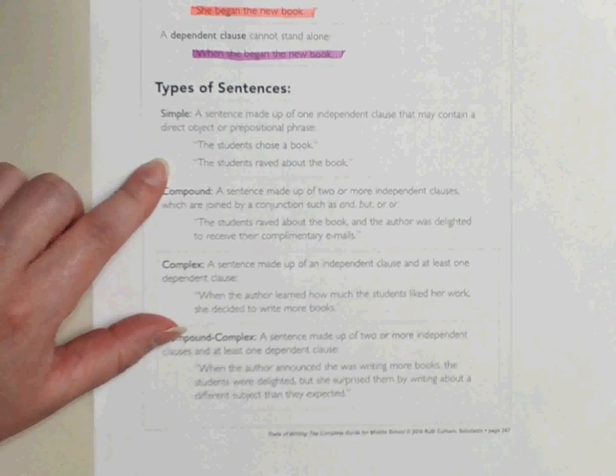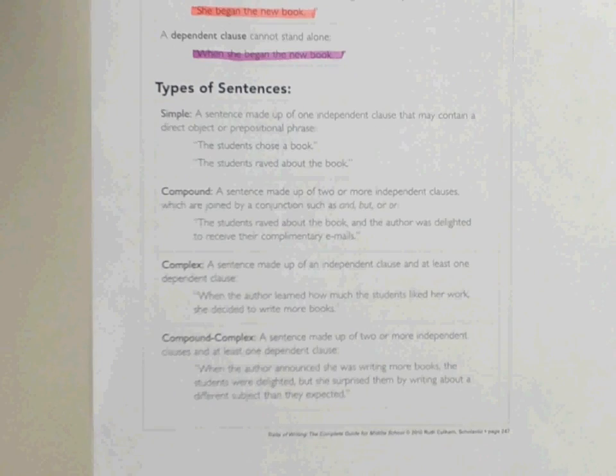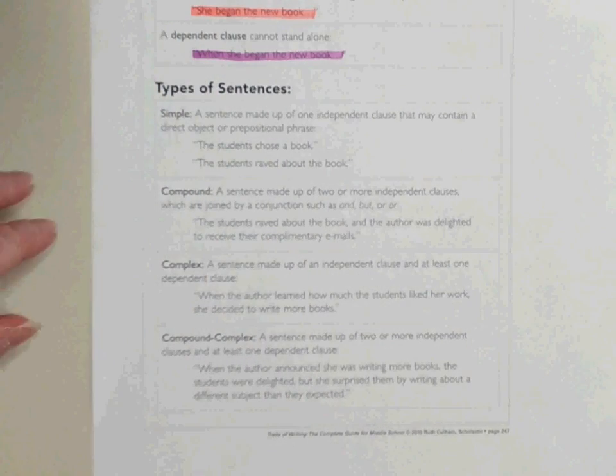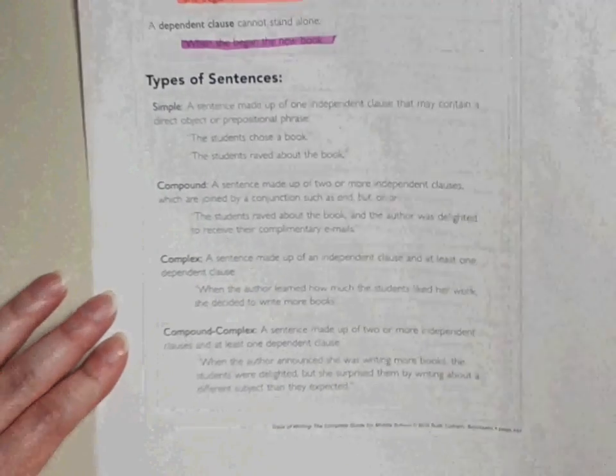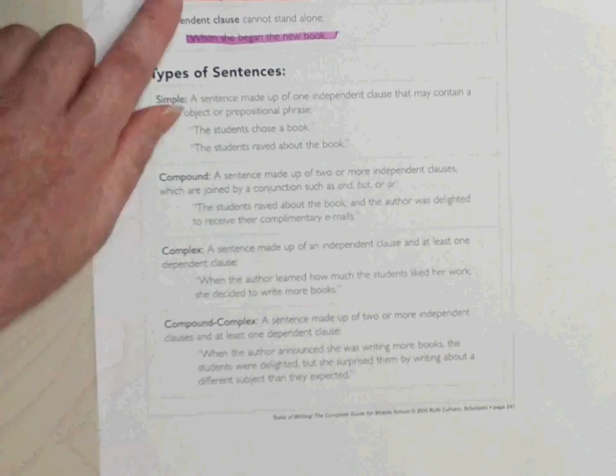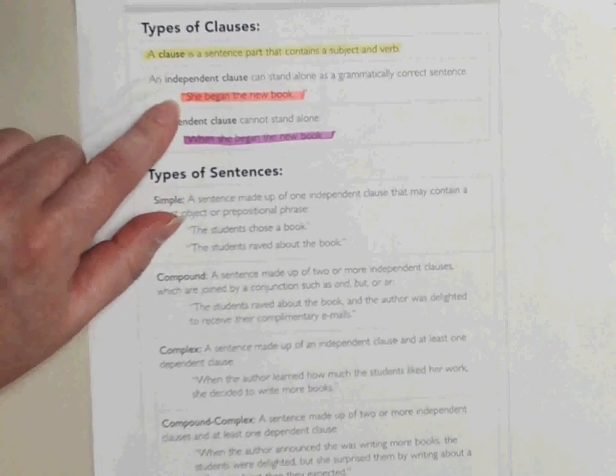Okay, so let's look down here. We've got 4 types of sentences. This one I feel fairly certain that y'all are comfortable with, but this is a simple sentence, and this is made up of one independent clause. That's all you need to know.